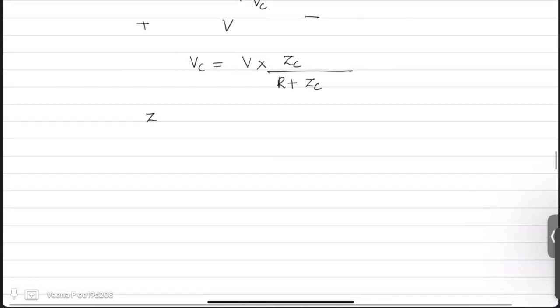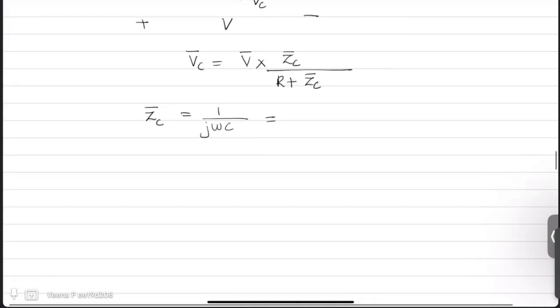Now these are all phasors and impedance is a vector. ZC is the impedance of the capacitor, which is given by 1 by j omega C. Anyway, it is already given in the problem as minus 2j, and the value of R is 1 ohm.